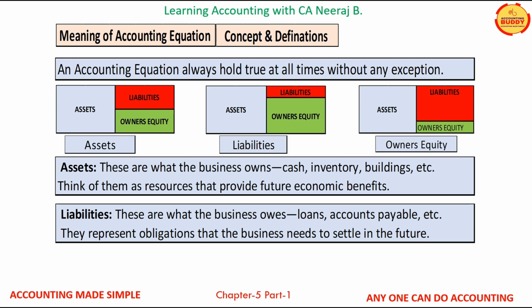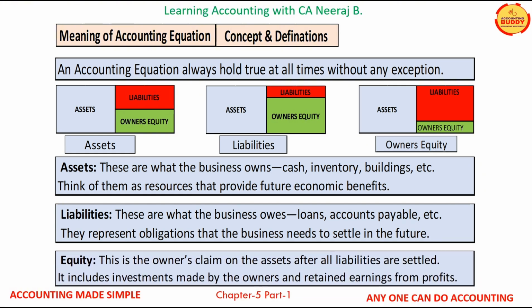They represent the obligations that the business needs to settle in the future. Now equity. Equity means the owner's claim on the assets after all the business liabilities are settled. It includes the capital invested by the owner plus the retained earnings from the profits of the business.